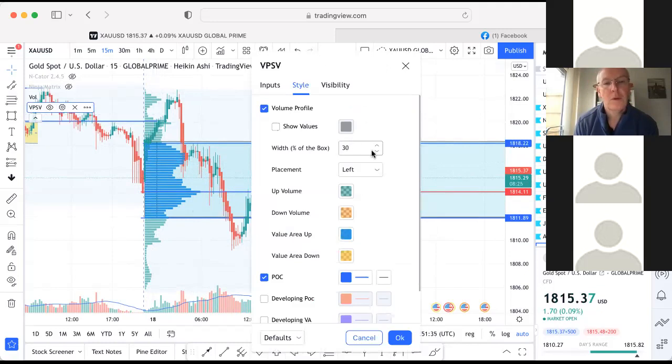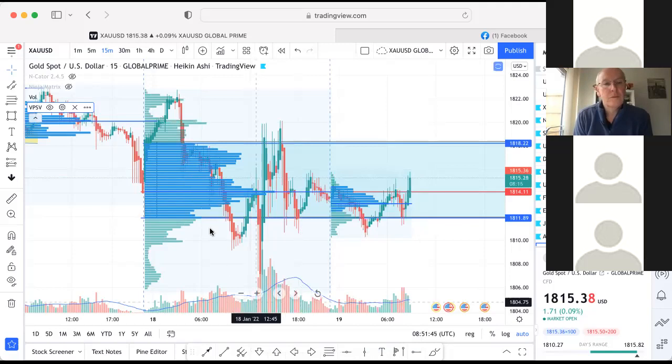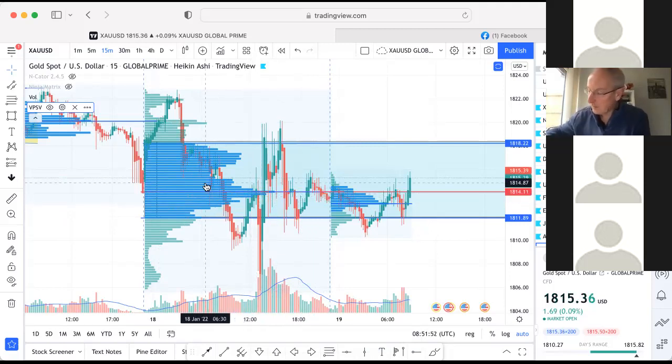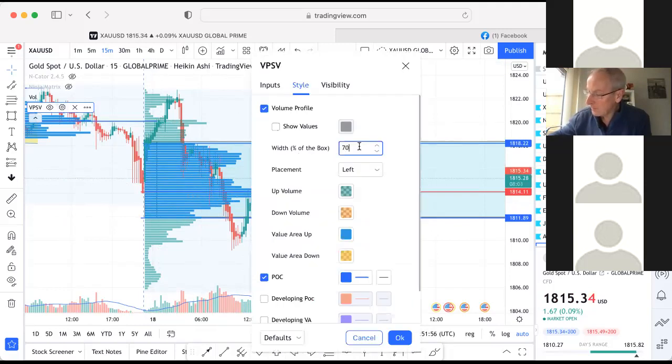So if we change that to, let's say, 70%, you can see that it extends, it goes 70% of the width of the whole day. We were actually on 30, which seems to work okay for me anyway. And that's the setting that Jeff chose.